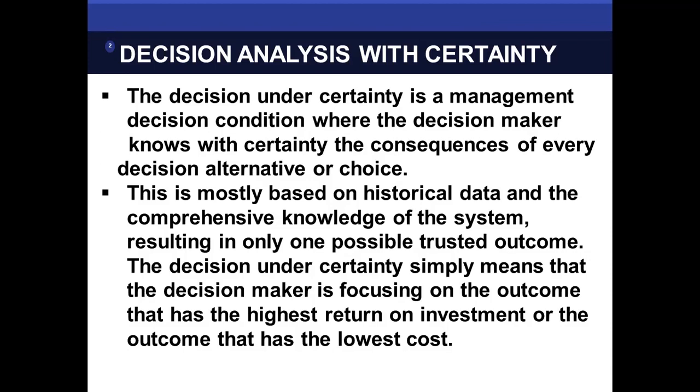Now, decision analysis with certainty is where the decision maker knows with certainty the expected outcome. Remember, we have treated business decision analysis under uncertainty, and we used scenarios to explain what it means. Now we are going deep into certainty. This is mostly based on historical data.